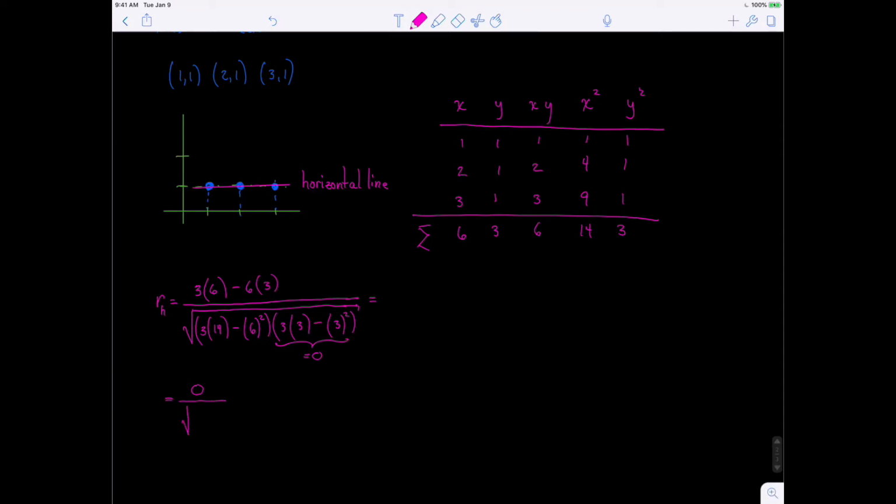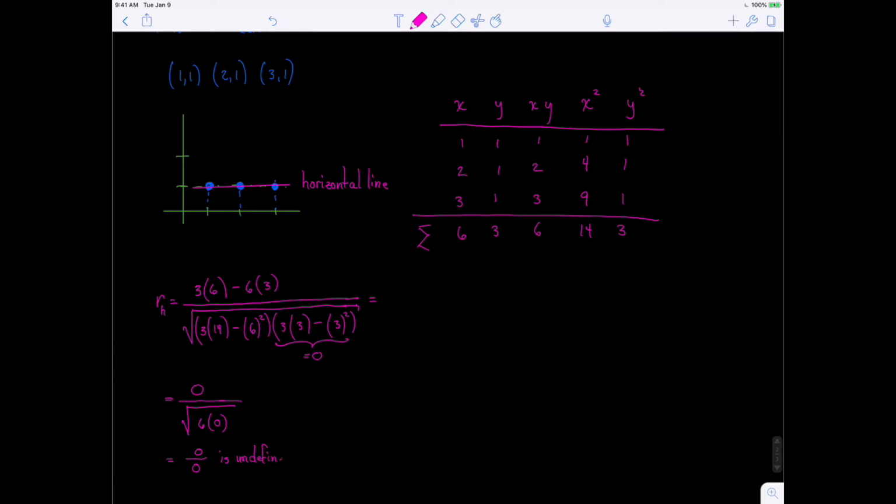So now I have the square root of 6 times 0. So notice now when you have a horizontal line, it's the y component that's making our denominator 0. Well, in the last video we said that if you have 0 over 0, the correlation of a horizontal line is undefined. Interesting.